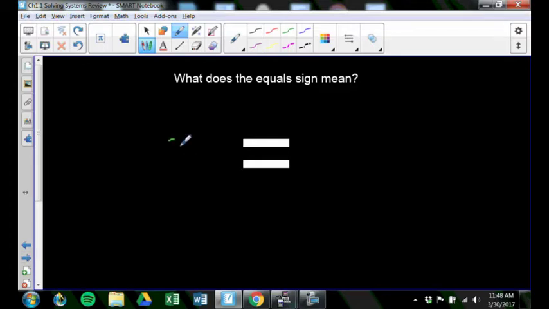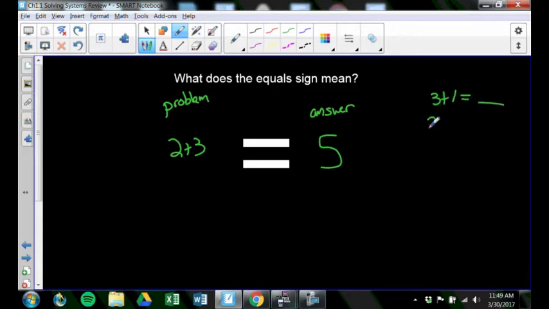Arithmetic, really. And you might think of it as like, well, okay, we know that 2 plus 3 equals 5. You probably think of the left side as the problem and the right side as the answer. And the equal sign is the magic thing that splits up the problem from the answer. And I think this comes from grade school, when you would just do worksheet after worksheet after worksheet of arithmetic.